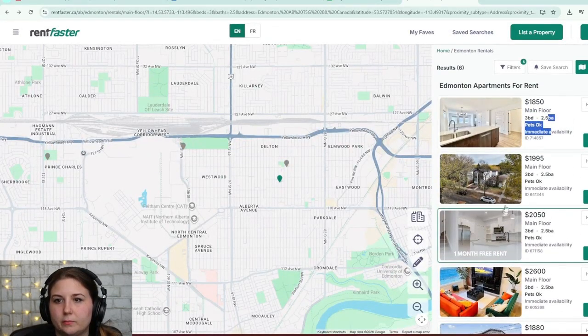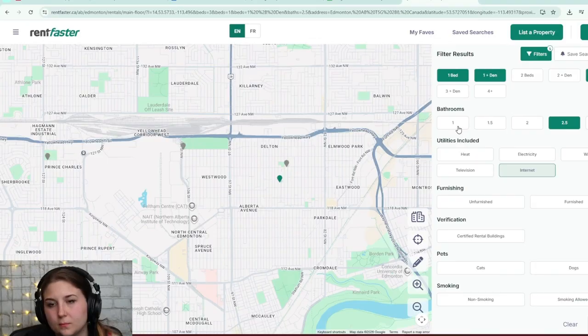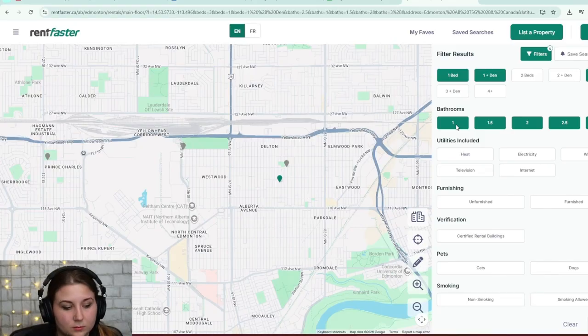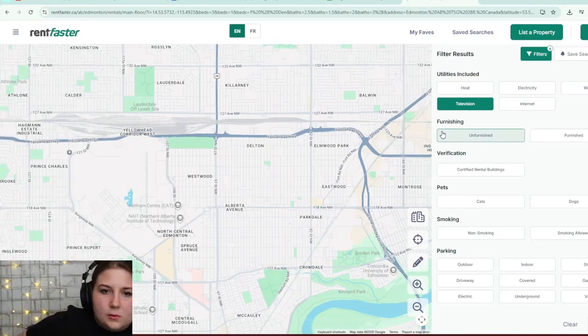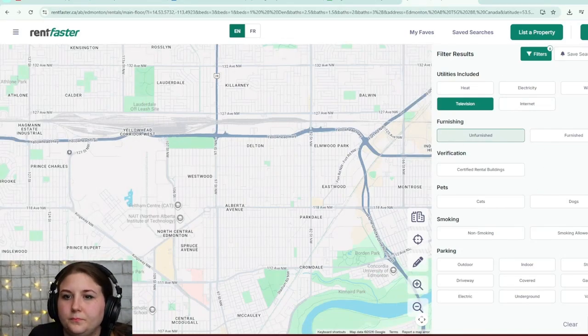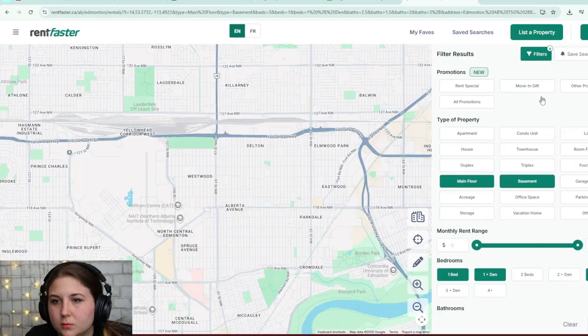Now we're going to look at basements. 1 bed, 1 bath basements. There should also be a bunch of these. My computer's lagging so bad. Are you seeing that? Oh, this is painful. Basement. Unclick main floor.